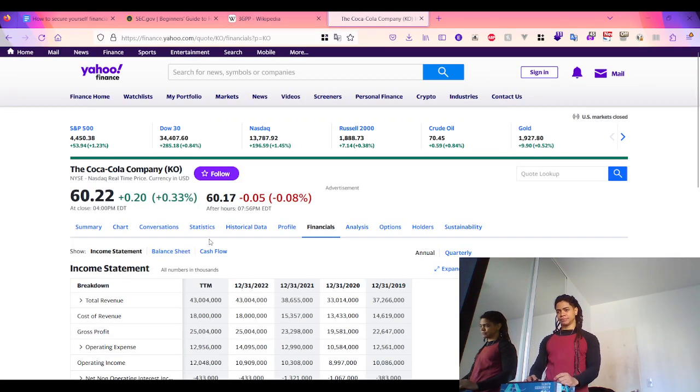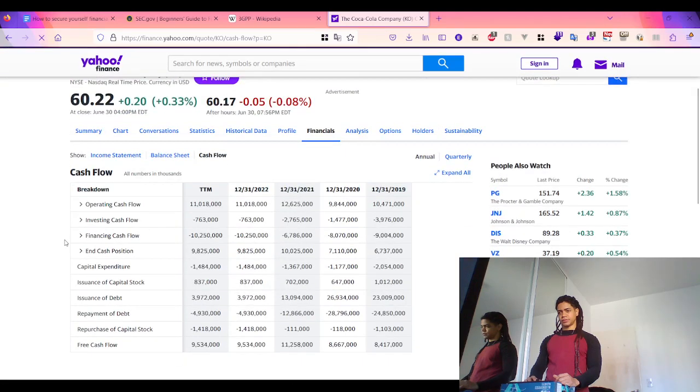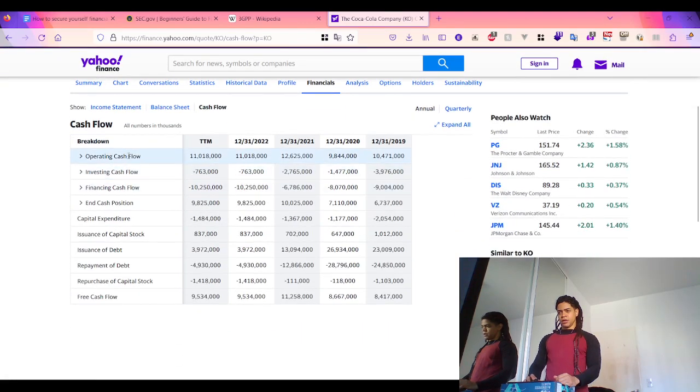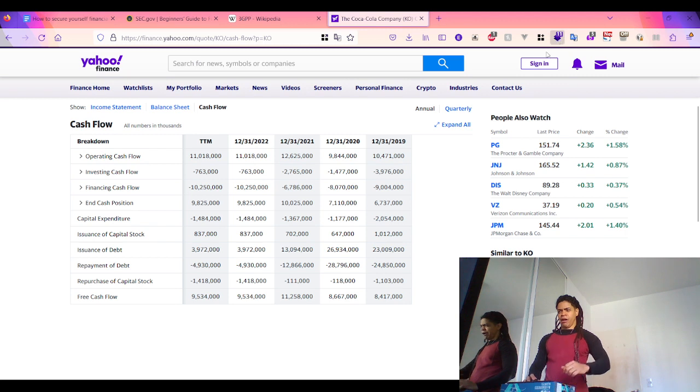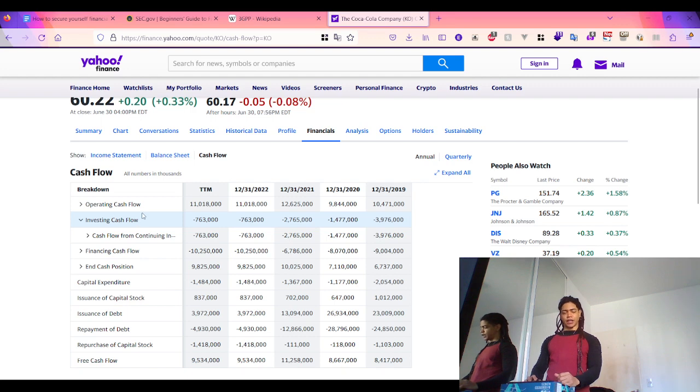Cash flow from Coca-Cola. Okay. So yeah, the second part of this, the investing cash flow.